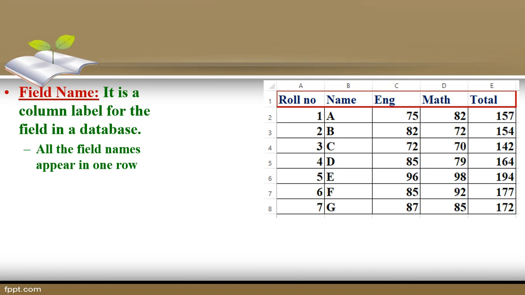Suppose roll number is written there. Then in that column you write only the roll number. In the name column you write only the name. In the English field you complete only the English marks. In the math column you complete only the maths marks, and in total you insert the total of all subjects.